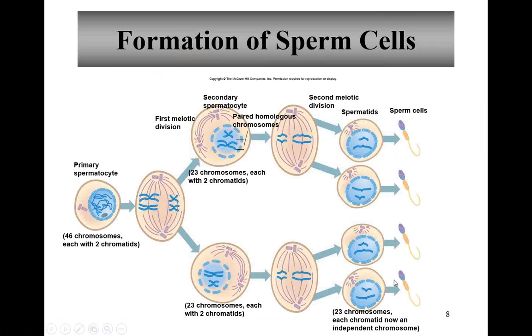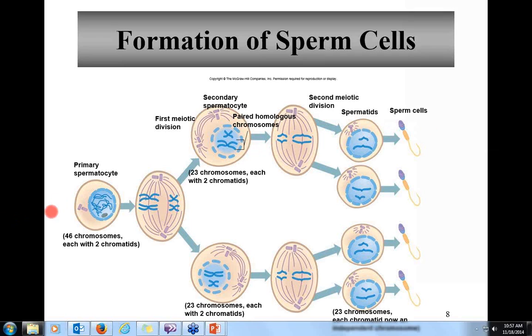Okay. But what's important here, and we're going back to the testes here, is how sperm are made. And here, at the primary spermatocyte, this has 46 chromosomes. Then you'll undergo your first mitotic division.